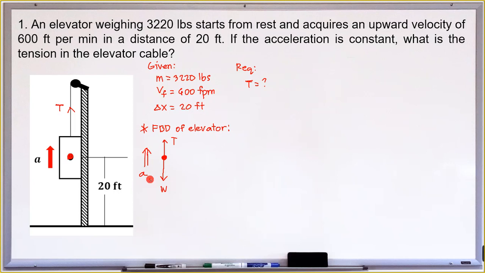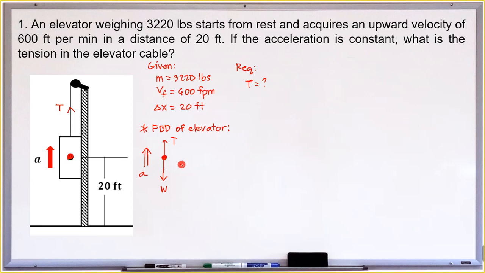There is no friction because it was not stated in the problem, meaning we neglect the air resistance and also the friction between the elevator and the railings. So no friction.